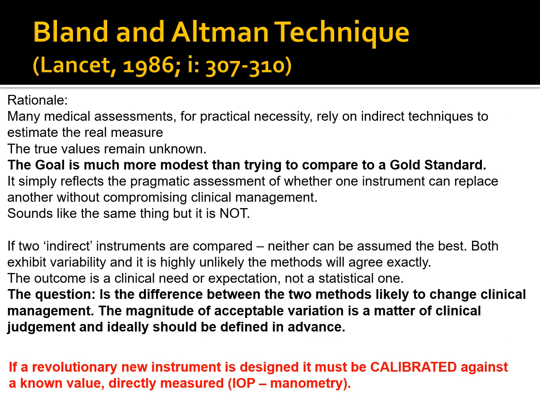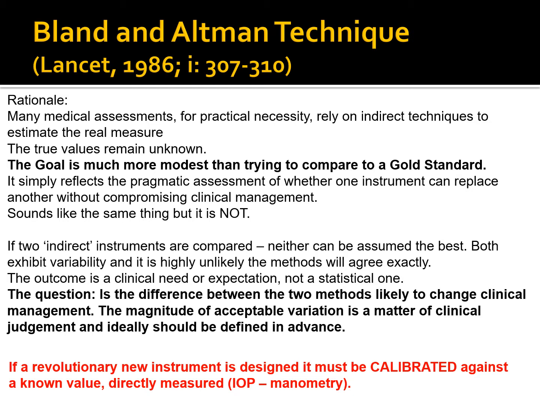So Bland and Altman specify the rationale, the reason for coming up with this statistical technique. As they say, many medical assessments for practical necessity rely on indirect techniques to estimate the real measure. The true value remains unknown. The true value was unknown before you compared the two instruments. The true value is unknown after you compare the two instruments.